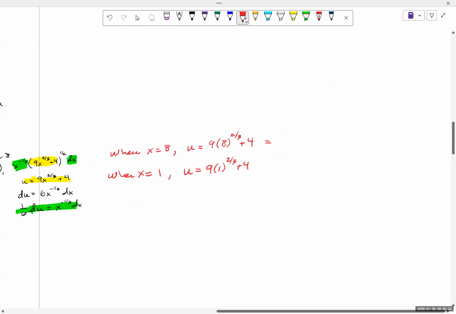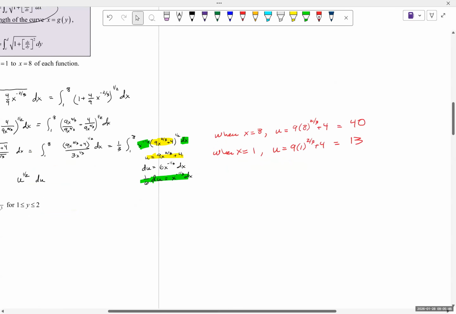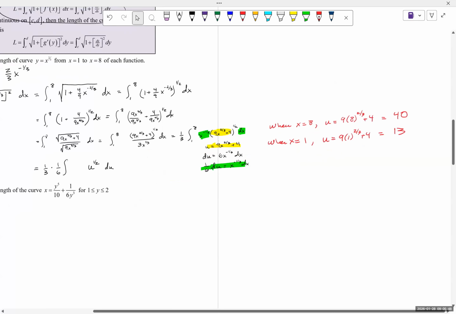Are we comfortable with doing that in our heads? Cube root of 8 is 2, squared is 4. 4 times 9 is 36. 36 plus 4 is 40. And then down here, I think we'll get a 13. Okay, horrible limits of integration, but there they are. 13 to 40. Good news is the rest of this is relatively straightforward.